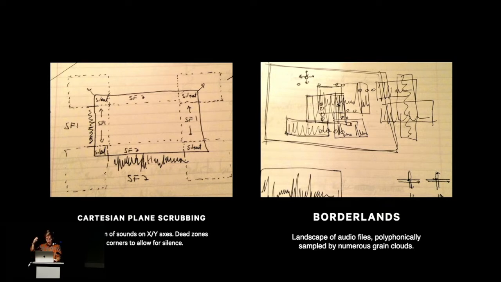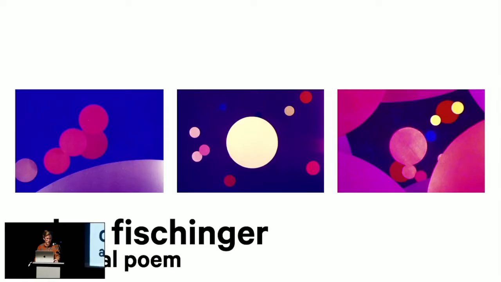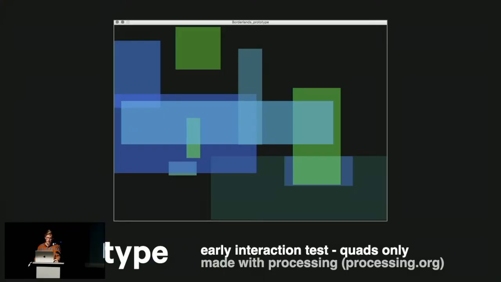So I went from this Robert Henke 3D terrain thing to something more akin to this visual music work by Oskar Fischinger, this beautiful stop motion animation, which I love, and kind of think about a lot when I think about how the grains look in Borderlands. The first iteration of Borderlands actually was just this very tiny prototype in Processing.